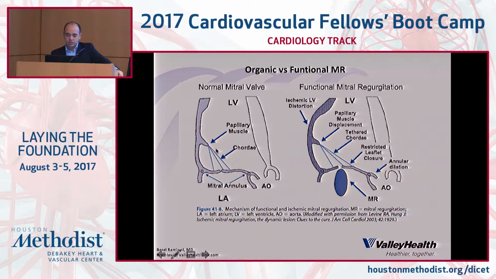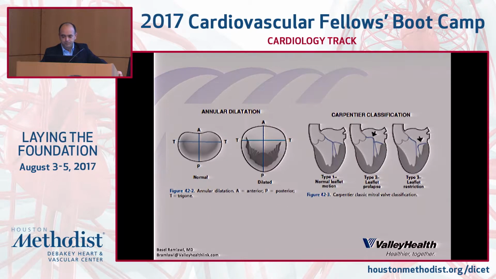This was touched upon a little bit, and whether and when to operate, and how to treat them, really depends on which of these pathologies you have. Organic disease is very readily repairable and usually has a good prognosis if you fix it. Functional mitral regurgitation, on the other hand, is more of a ventricular problem, and it's still up for debate when and where and whether you should repair it at all, as opposed to the heart failure option.